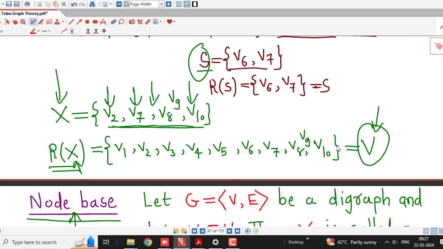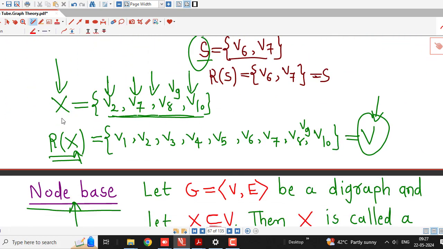Now if I want to prove that this capital X is a node base, then I have to check whether there is no proper subset of X for which this property is satisfied.